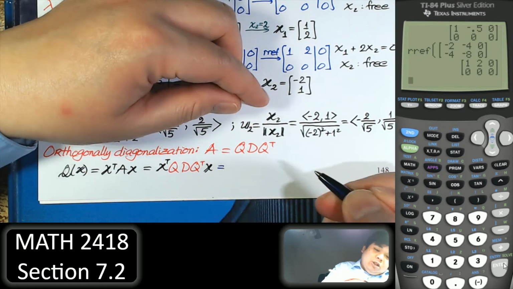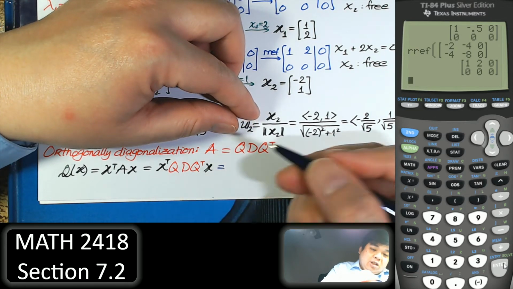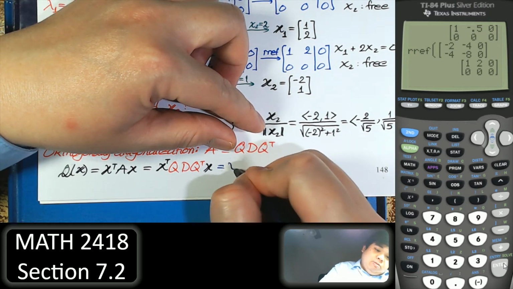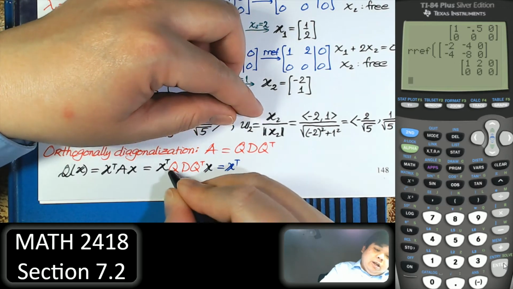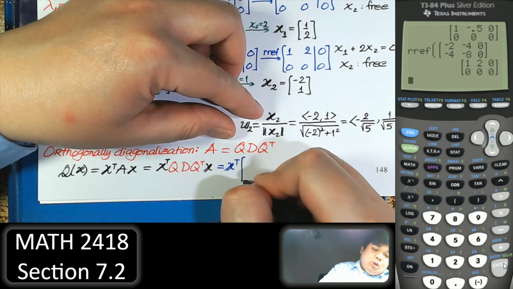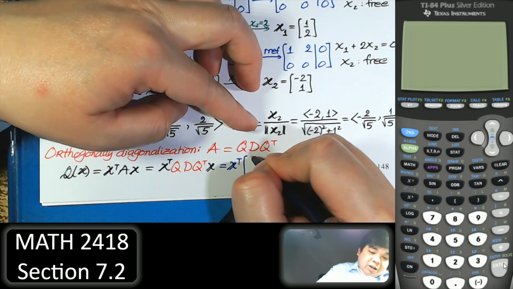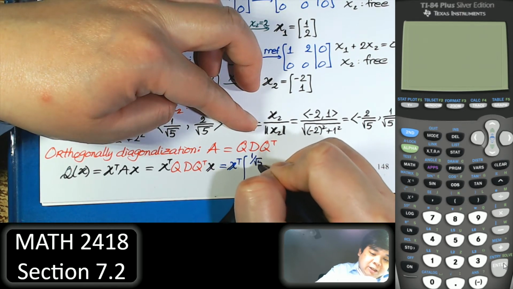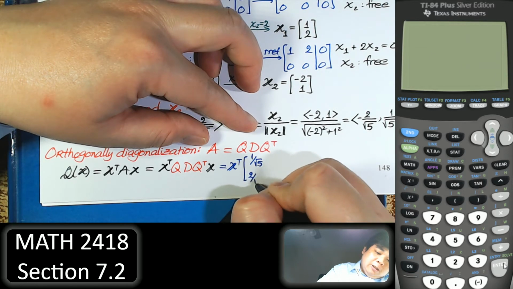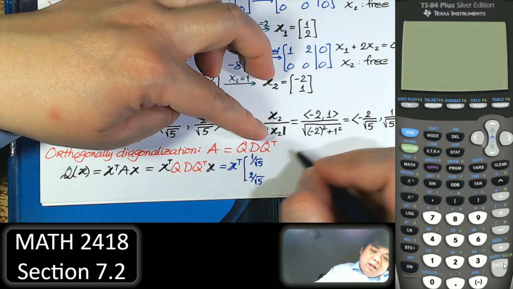And now it's just going to be X if we just transpose Q. The matrix Q will be U1 and U2, so I'm just going to put them in columns here. So that's U1 and then U2.